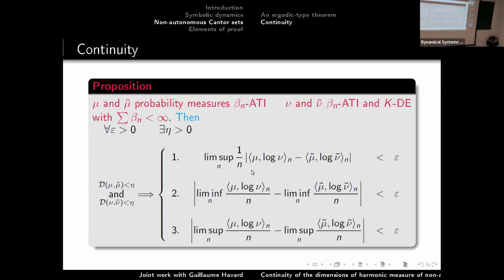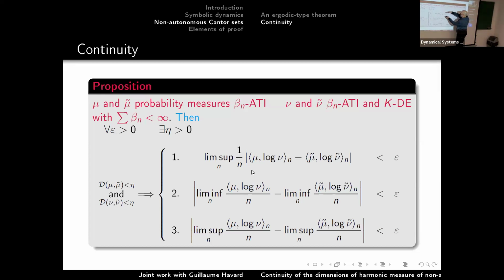Now, what I'm saying is that if you have two measures that are close, okay, then take here mu and here mu tilde. Okay? In place of mu, put mu tilde. If you put mu tilde instead of mu, here you get that the entropies are close. Okay? If you put the diameter here, you will get that the Lyapunov exponents are close.